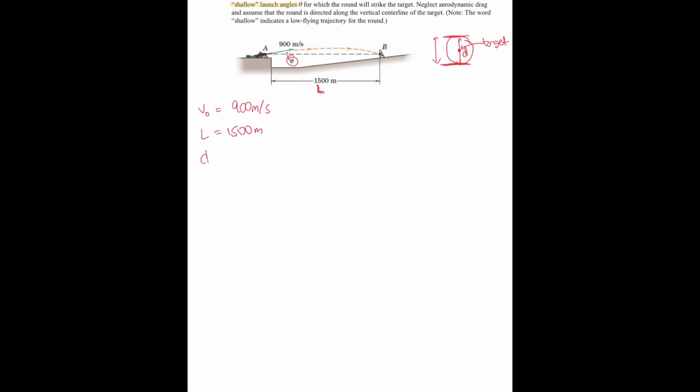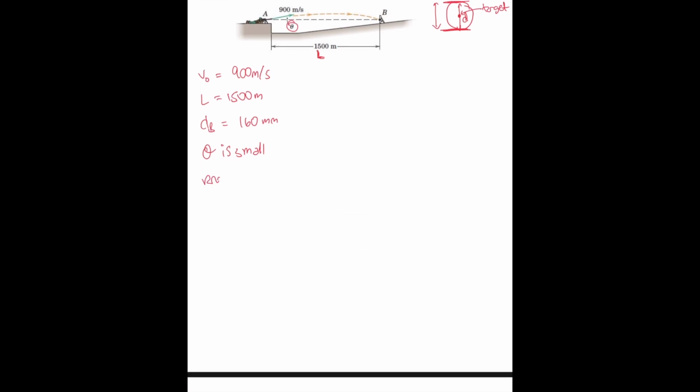And we know that the diameter of the target is 160 millimeters. And we also know that theta must be small. So what is the range of theta that the shooter could shoot at to hit anywhere on the target?